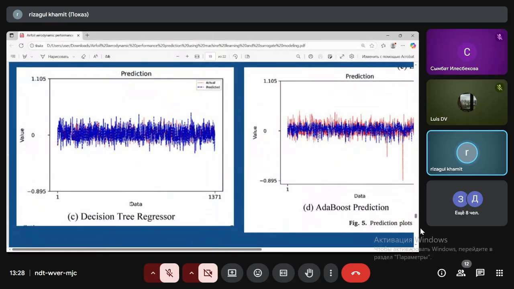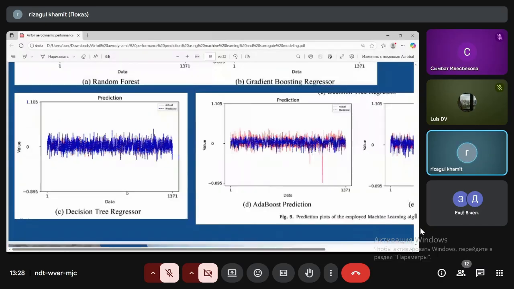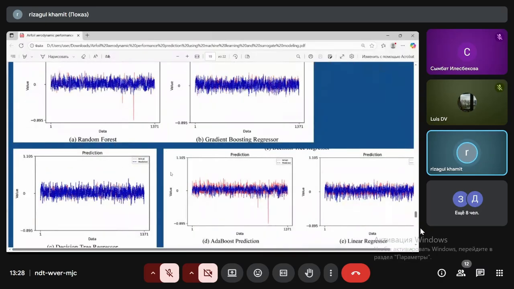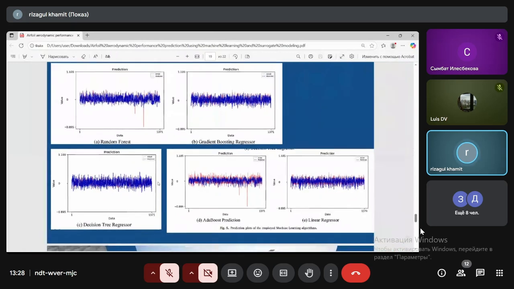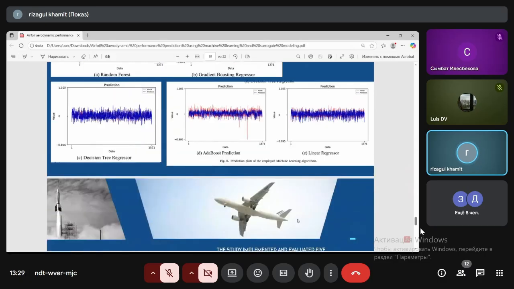Predictions are noisier, there is more dispersion around the actual values, and the model is less accurate than random forest and gradient boosting regressor. As a result, the first three algorithms, random forest, GBR, and decision tree, have results more accurate than the last two, AdaBoost and linear regression.